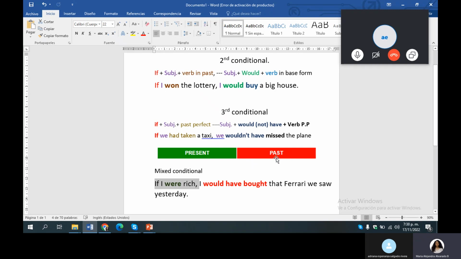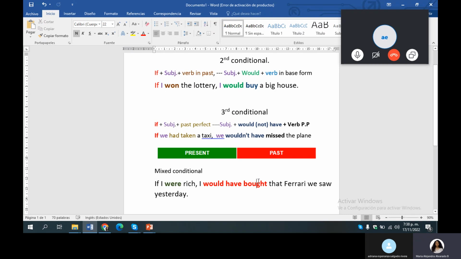So past in this case is this part of the third conditional. El would have. Okay, so here we have would have and the verb in past participle. All right.